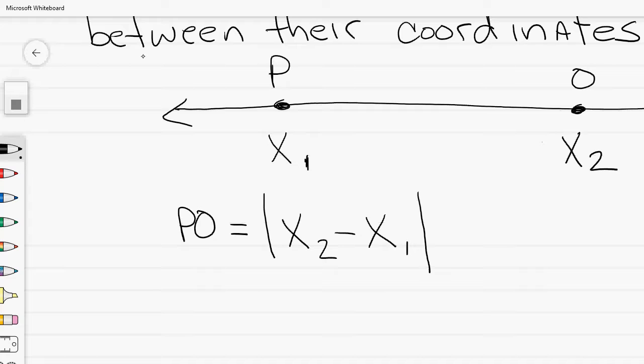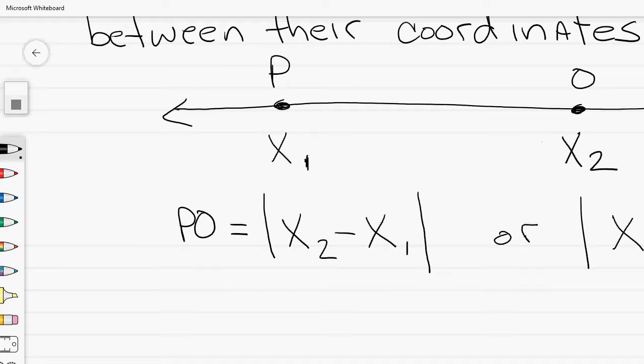Or you can do the absolute value of x sub 1 minus x sub 2. And for these purposes, absolute value means the positive version of a number.